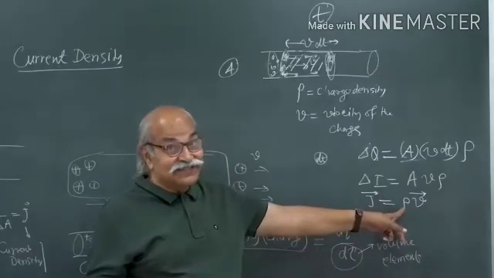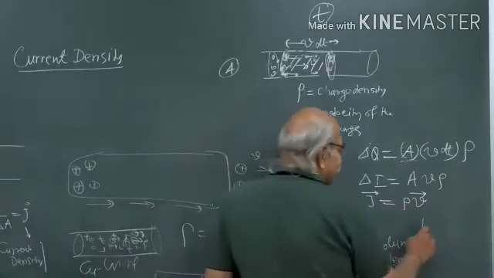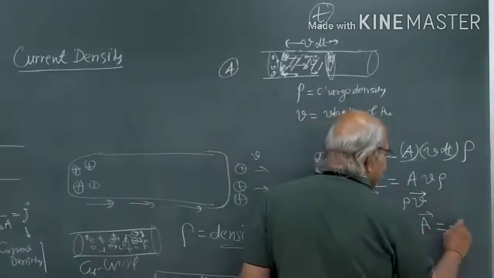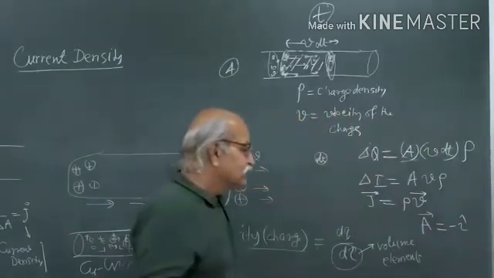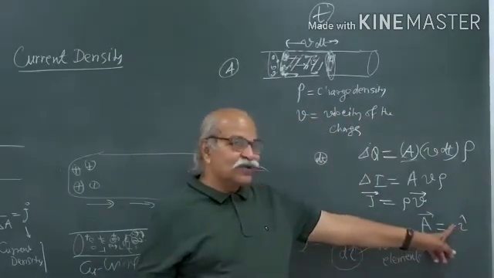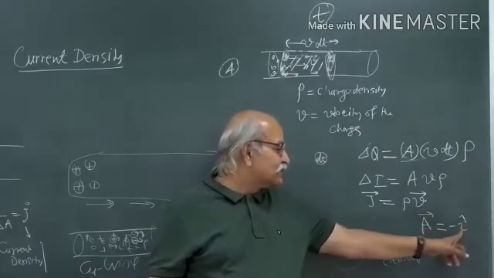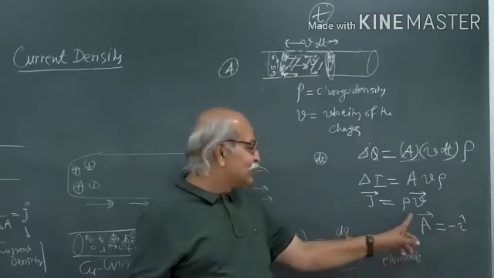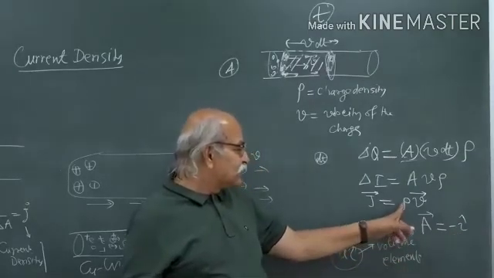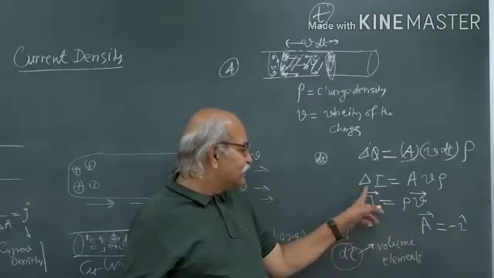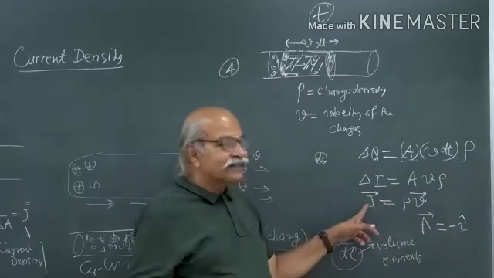positive. You know that. If I write some vector as minus i cap, if I multiply it by a negative quantity, then the direction of the vector is opposite to the direction of this i cap vector. If this rho is positive, good. Whatever is the velocity direction, that is the same as the current density direction.